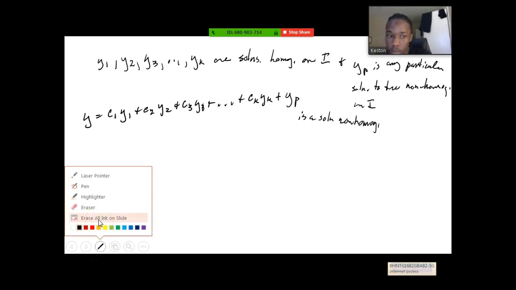So I'm going to erase because it's sort of a big theorem. I'm afraid I'll run out of room.